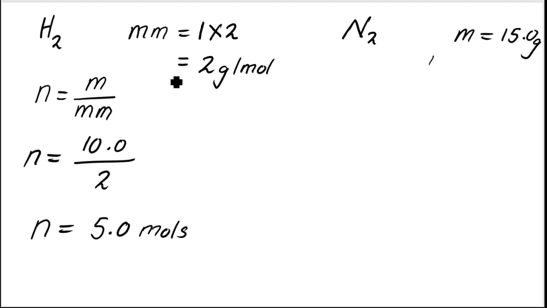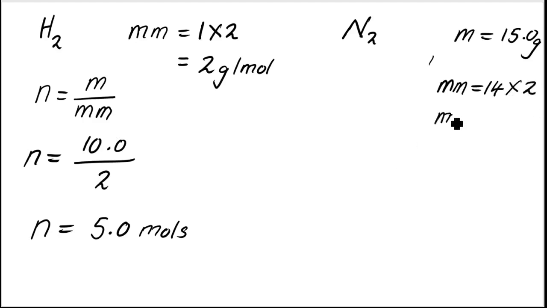According to what we did here, the molar mass is found by using the mass number of nitrogen times the number of nitrogen atoms. The mass number of nitrogen is 14 times, how many nitrogen atoms? We have 2, so you say times 2.